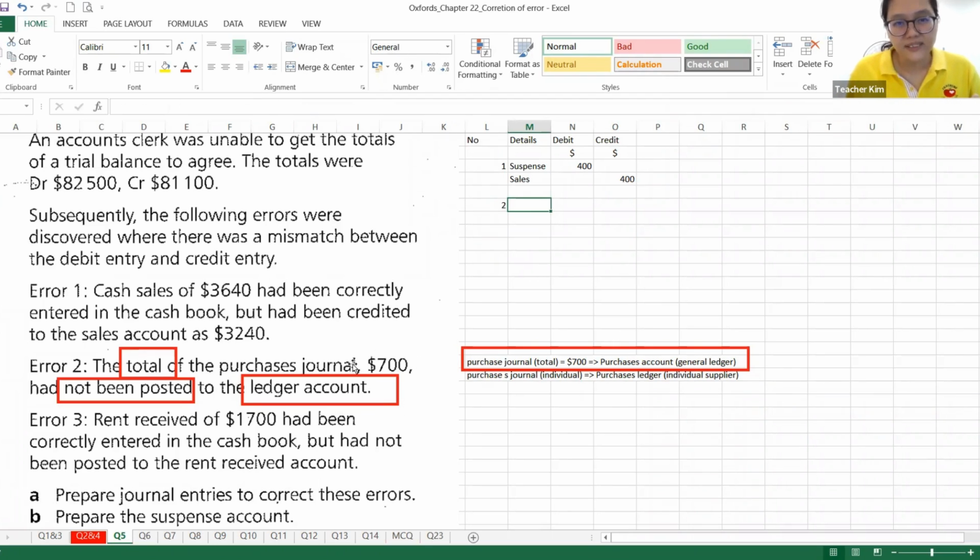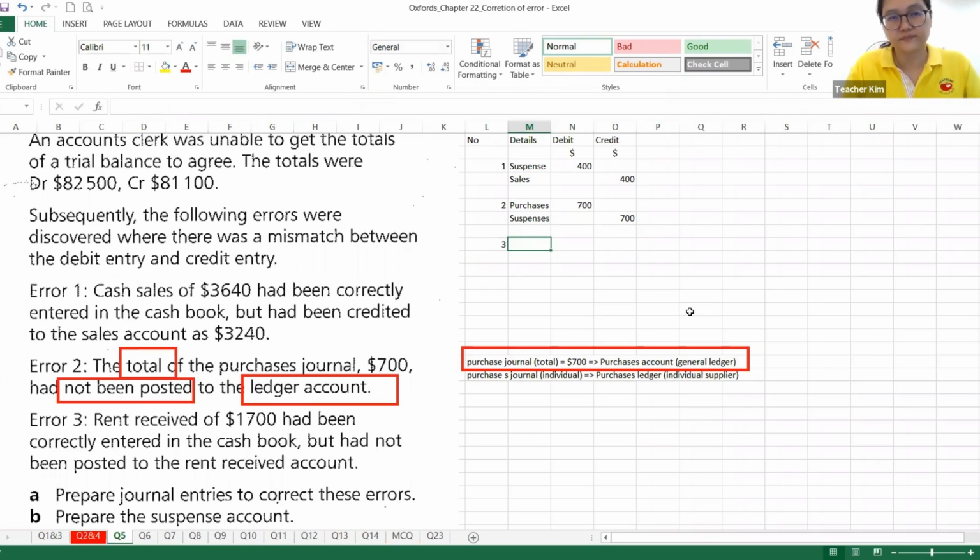Think about the purchases account first. Purchases account was omitted, and purchases should be on the debit side. So we do debit first. Debit purchases 700. Since we know this is a one-side error, the suspense account comes in with 700. Okay, next.